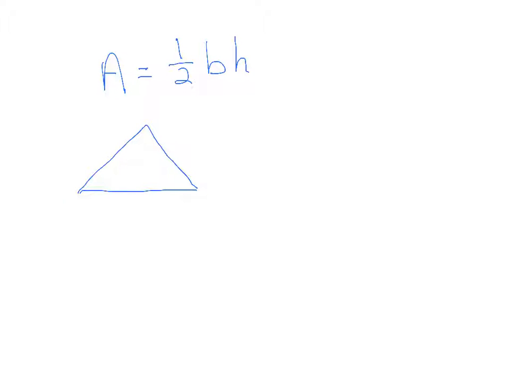We have triangle A, B, C. We know that side A is opposite angle A, side B is opposite angle B, and side C is opposite angle C. Now, I don't have a height, but if I, from angle C, drop a perpendicular to the opposite side, I now have two right triangles, and we'll just call this H.